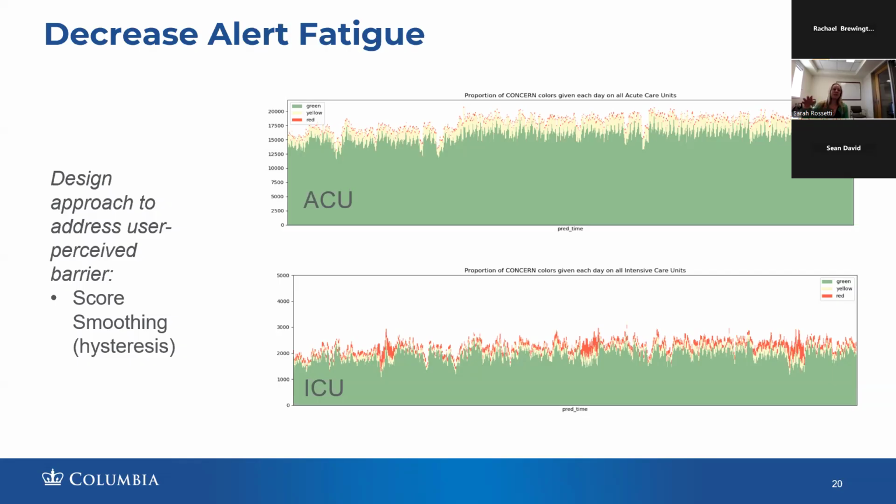And the same from yellow to red, because that's not going to give a lot of confidence or trust to clinicians in this score. So we don't make it easy for the scores to bounce around like that.